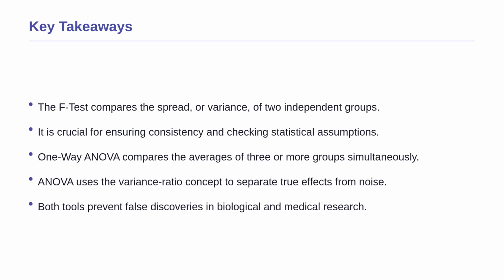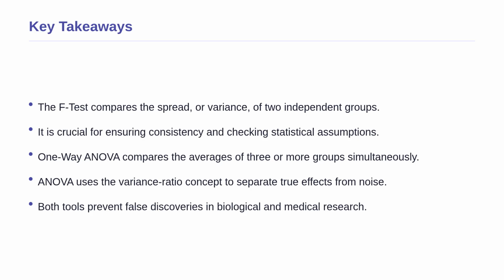We have covered a lot of ground today, so let us summarize the most important ideas. First, we learned that the basic F-test is a powerful tool used to compare the spread, or variance, of two independent groups. It's essential for ensuring consistency in treatments and acts as a gatekeeper for other tests.